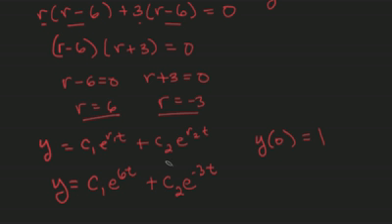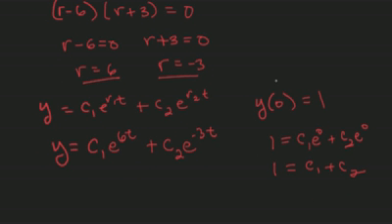So if I were to plug that in, I'd have 1 equals c1 e to the 0 plus c2 e to the 0, which is 1 equals c1 plus c2. I can't solve that. I have two unknowns in one equation, which anytime your variables exceed the number of equations, you cannot solve it. So you need another equation, and that comes from a second set of initial conditions.